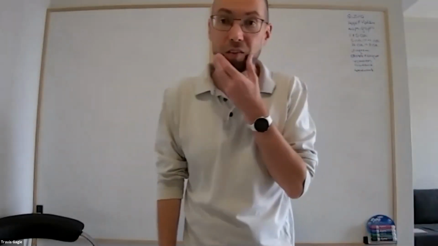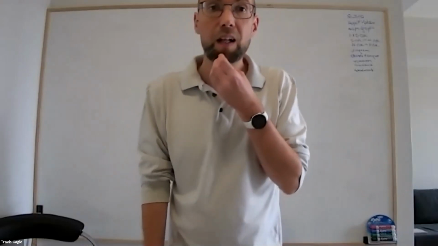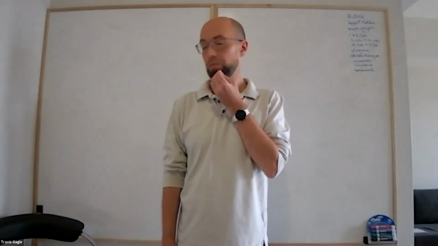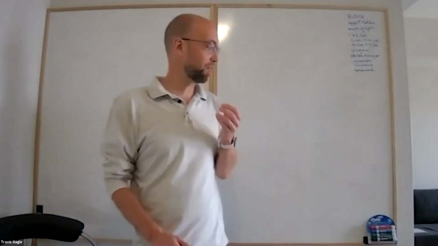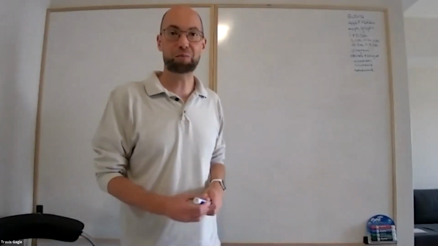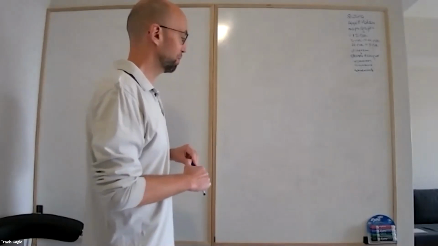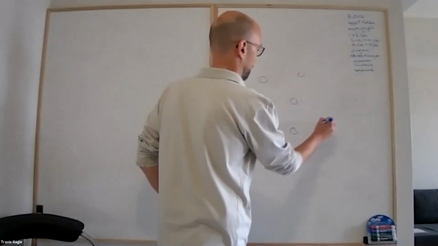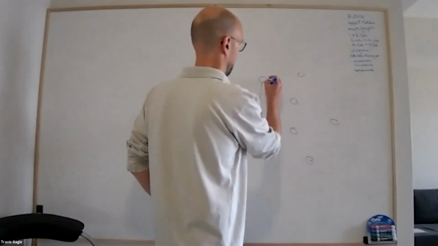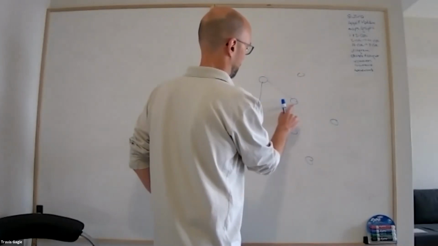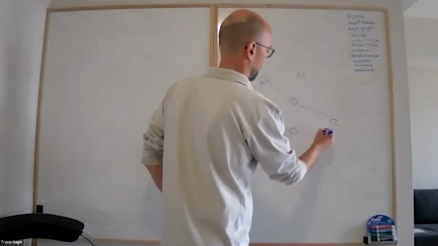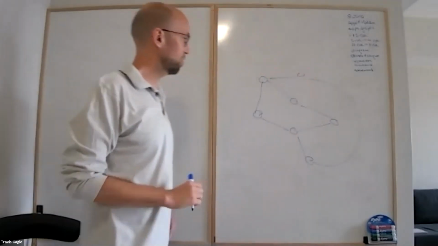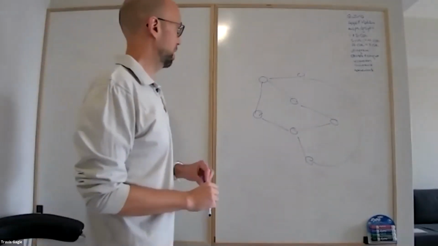So now let's talk about 2 colorable. Is this graph 2 colorable? How do we tell?